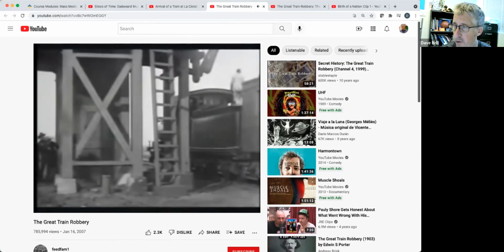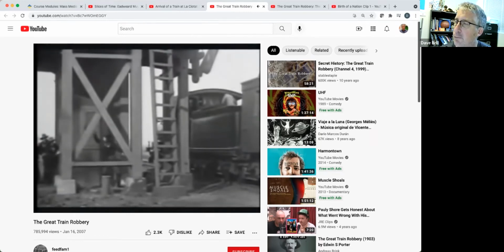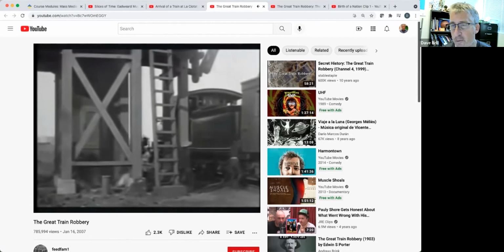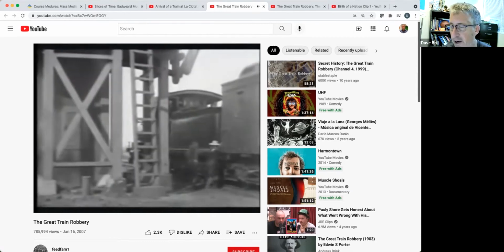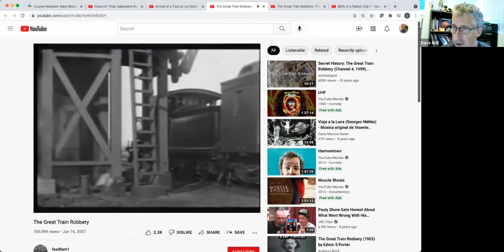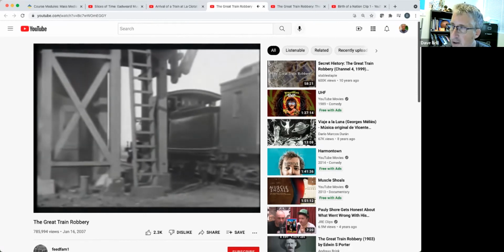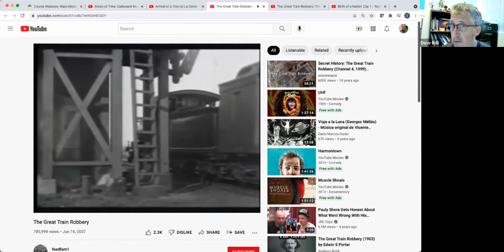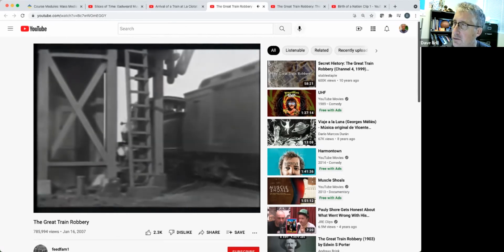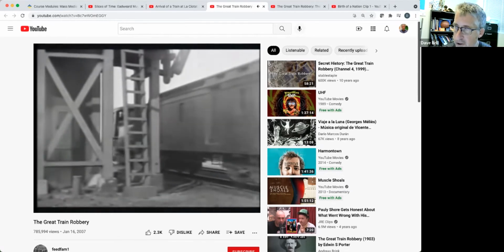It's a basic story. But, you know, compare this obviously to today when you watch any kind of action film and how quickly that film moves along from a sequence standpoint. This is 1903, right? The train starts moving. Robbers are on the train.